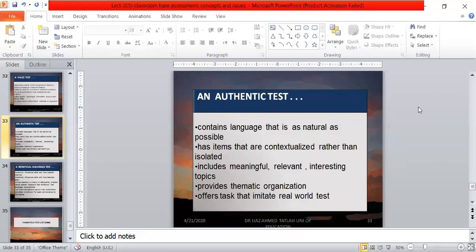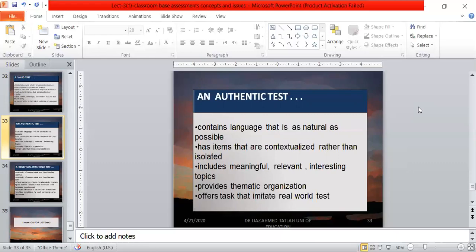Moreover, an authentic test has items that are contextualized rather than isolated. An authentic test includes meaningful, relevant, interesting topics. It provides thematic organization.